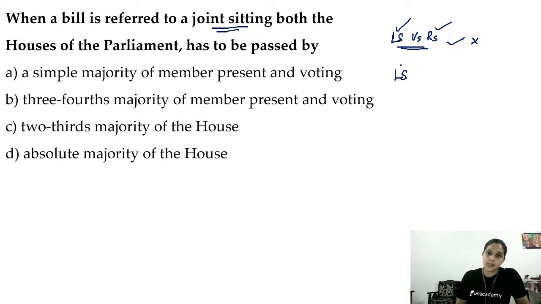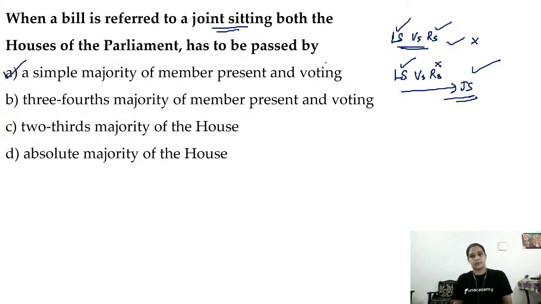But when Lok Sabha has passed the bill and Rajya Sabha has rejected it, and it comes to the joint sitting, mostly the bill will get passed because it is only simple majority and Lok Sabha has the majority. You know that very well. Simple majority is like 50 percent plus 1. That's all. So that's a very important concept. Clear?